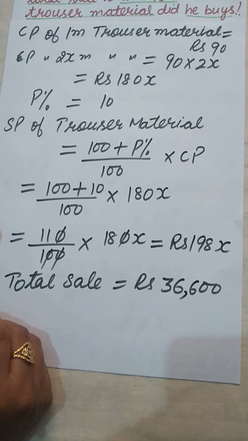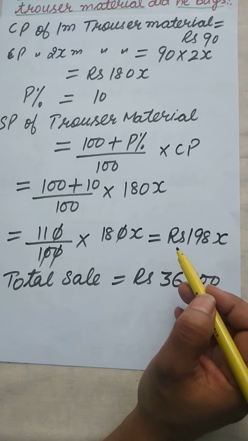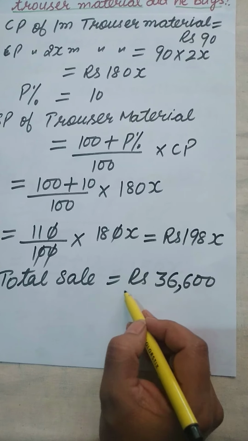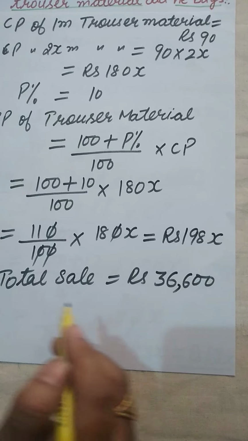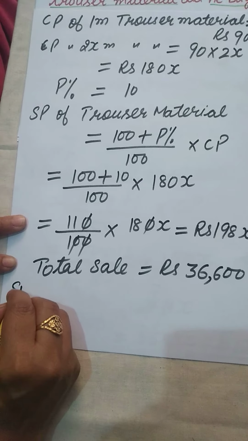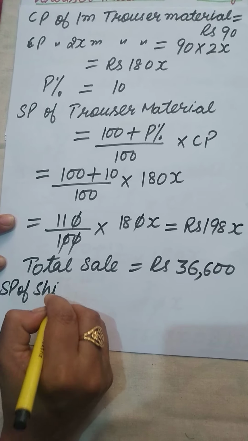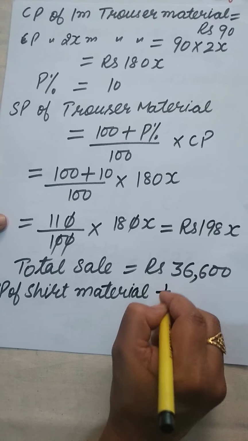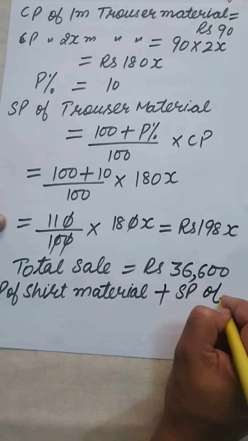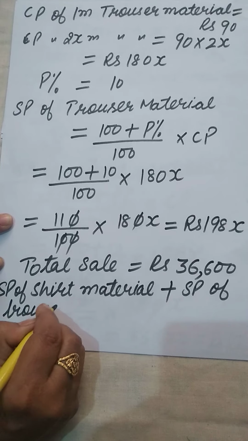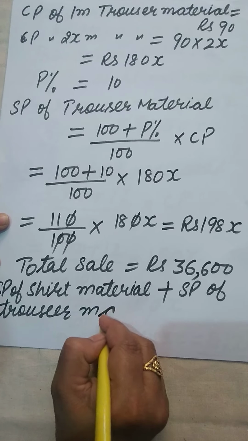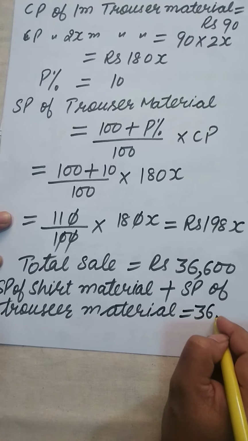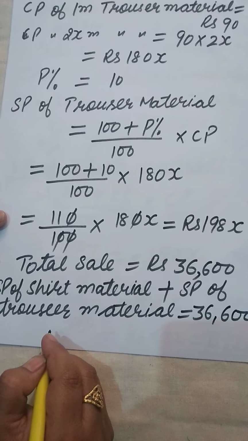So according to the question, the selling price of shirt material plus the selling price of trouser material will be equal to 36,600.